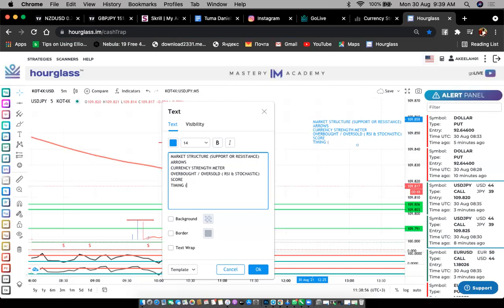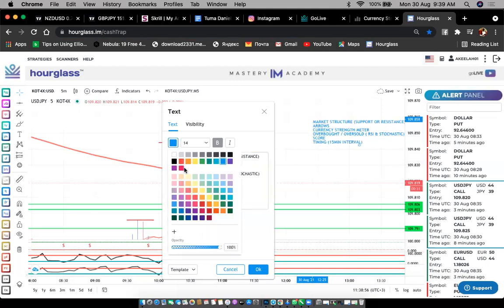Timing is 15 minutes interval. So this is what you should focus on.